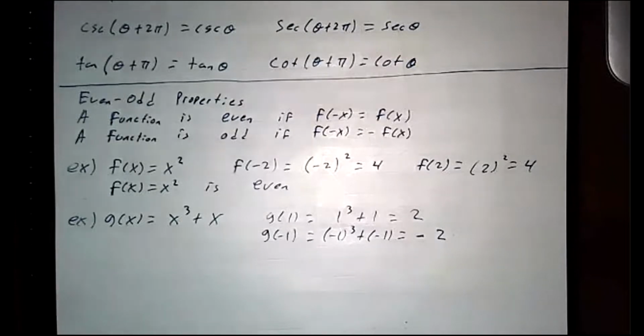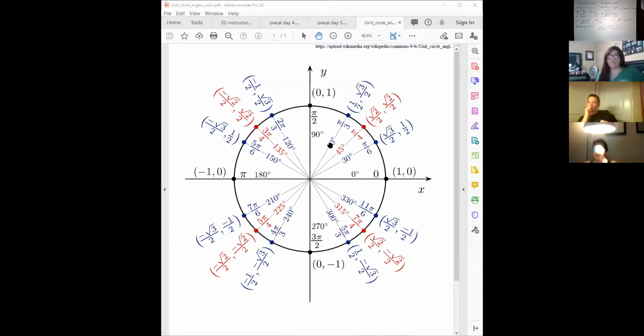So visually, it passes the symmetry test. Analytically and by definition, cosine of 30 is square root 3/2, right? Cosine of -30 is the same thing. That is the property of even by definition. Does that make sense?